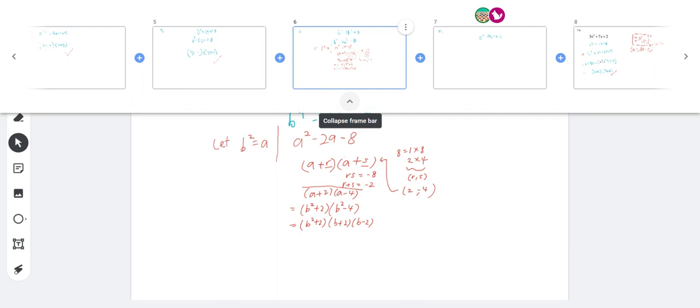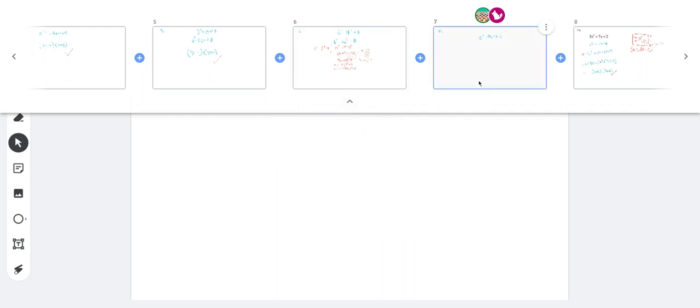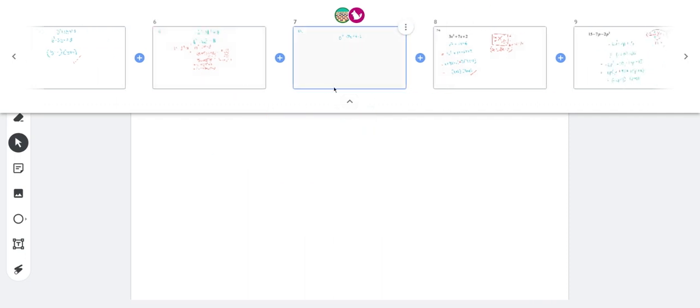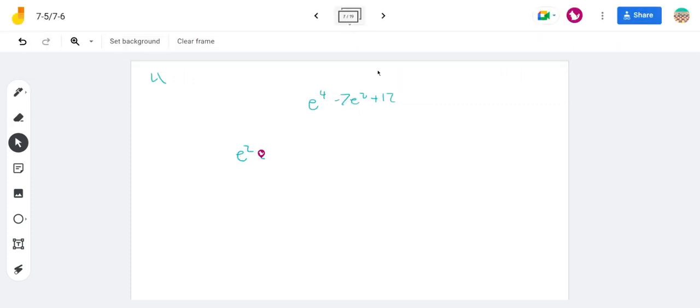If they give you 4 and 8, you can also let b4 equal a.